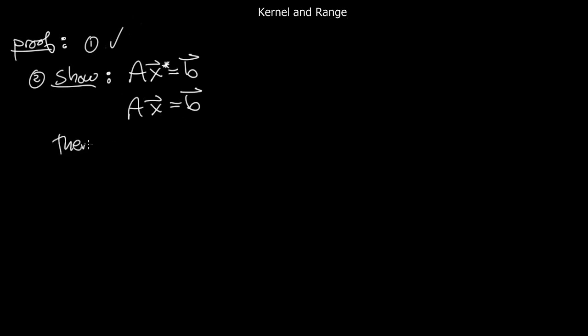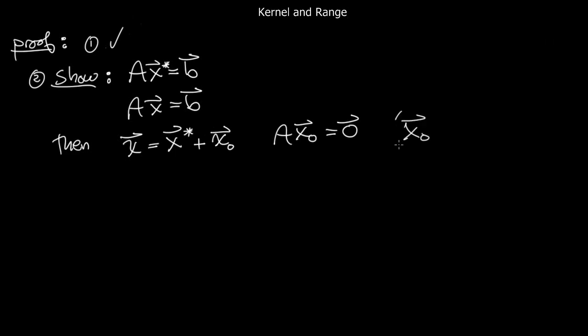Well, I'm claiming that then you can write x as x star plus x naught, where x naught satisfies Ax naught is equal to 0. That's what I'm claiming. So why is that true? Well, it's pretty obvious from the way I've written these equations.